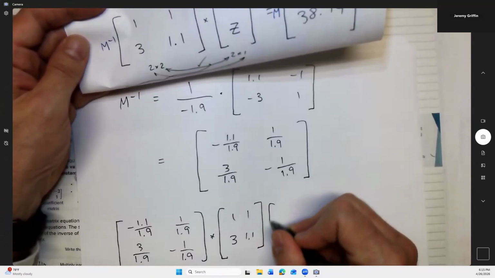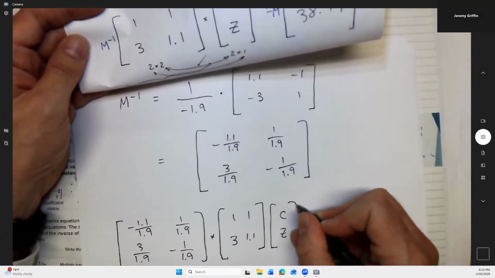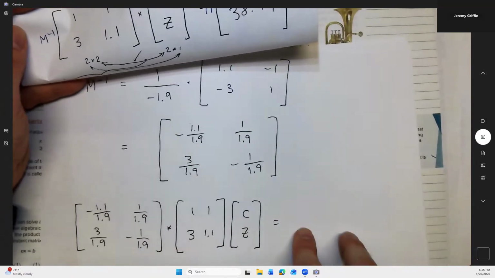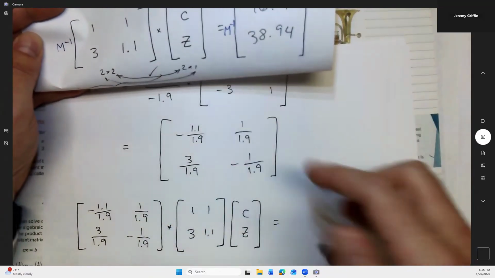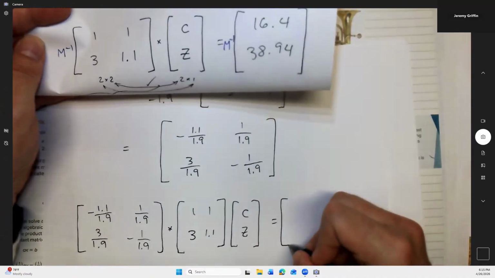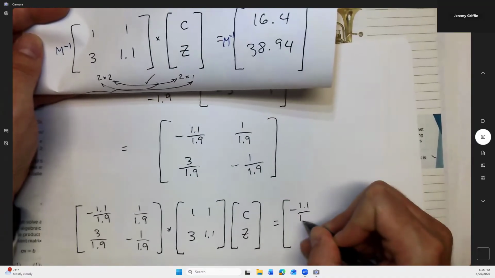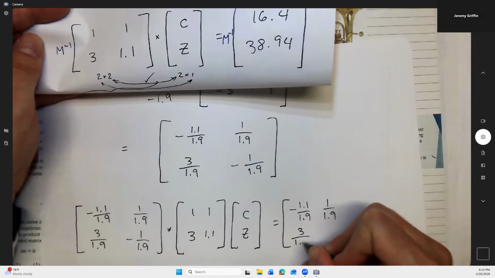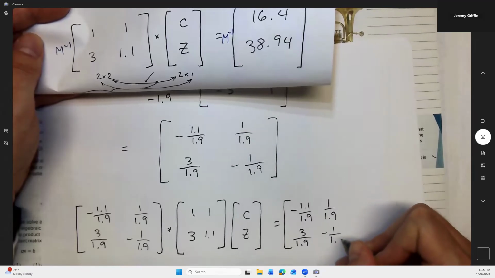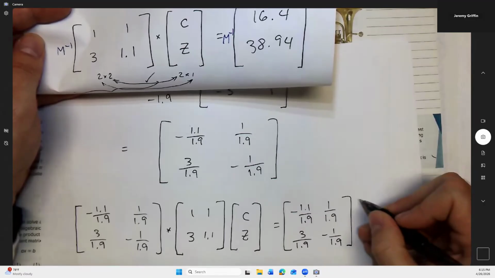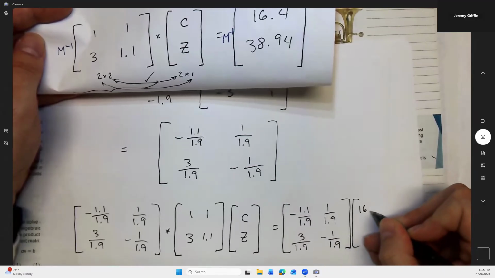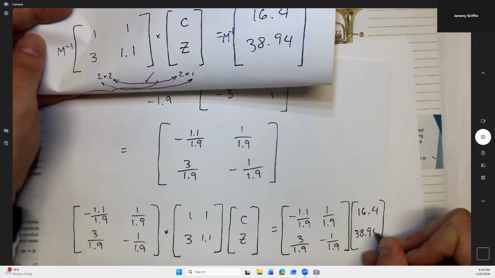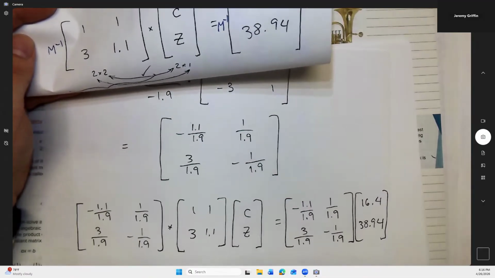And then I have C and Z equal to. Well, I multiplied my inverse matrix on the left side, so I have to multiply on the right side to balance the equation. So I have my inverse matrix again, multiplied by 16.4 and 38.94. Okay, so that should be set up.